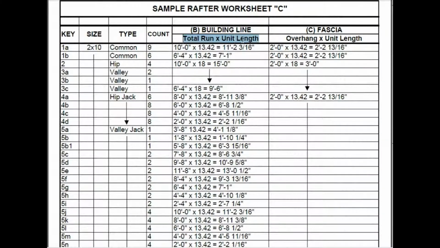So we just need to plug that into the equation. 10 times 13.42 returns a result of 11 feet 2 3/16 inch. For the overhang, 2 feet times 13.42 gives you a result of 2 feet 2 13/16. Then you run the math for your hip rafters, and the result is 15 feet for your rafter length and 3 feet for your overhang length.